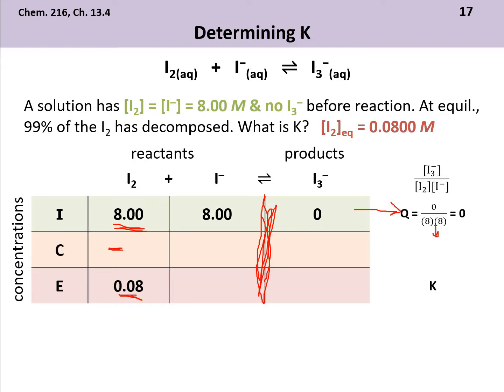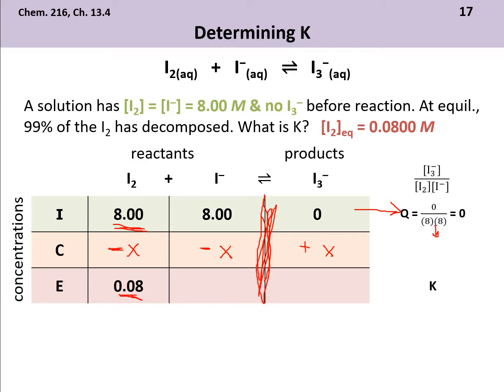So I'm losing I2. So I can say this is negative x. My I minus will also be minus x. And my I3 minus will be positive x. If my reactants are minus, my products have to be positive. Okay?